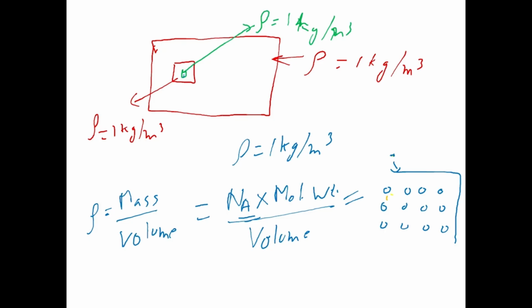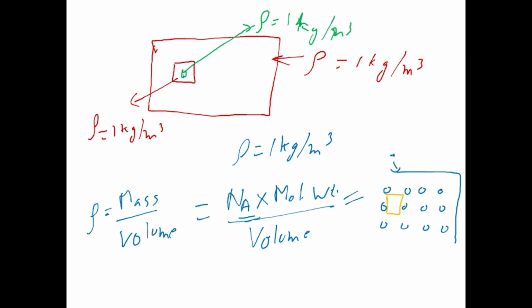What happens if I pick a volume of a system that is in between these atoms? I pick it so small that it is actually smaller than the atomic spacing, and then I ask what's the density of this material we have been talking about in this system we are considering?